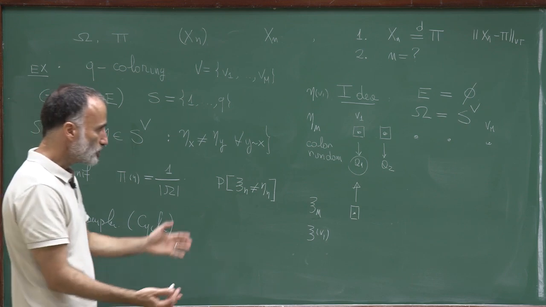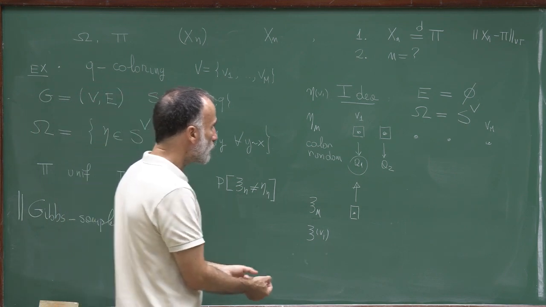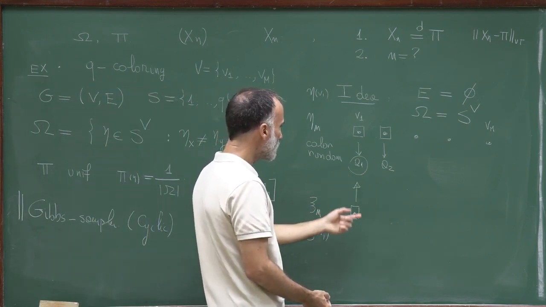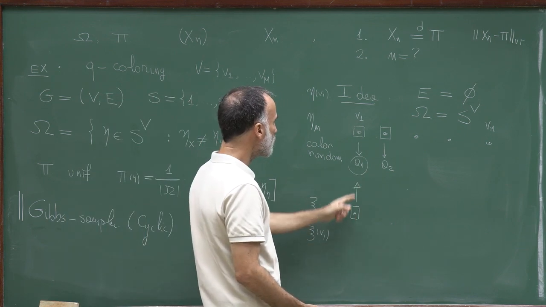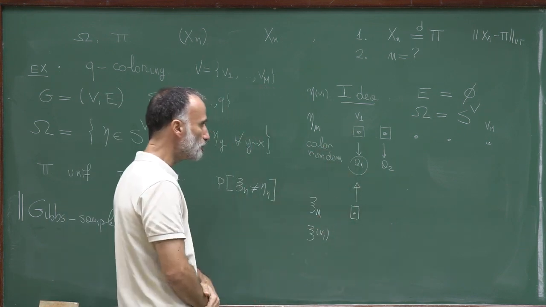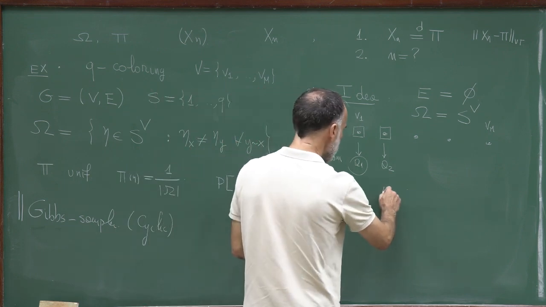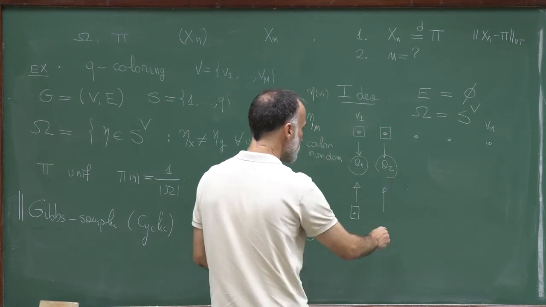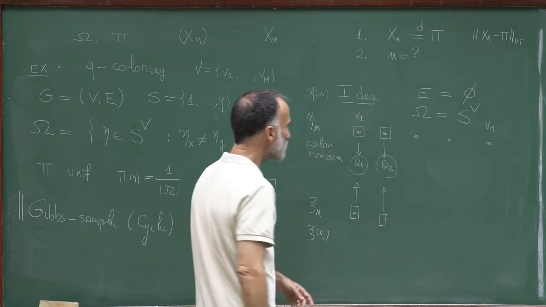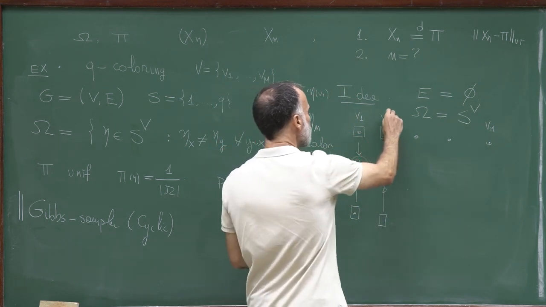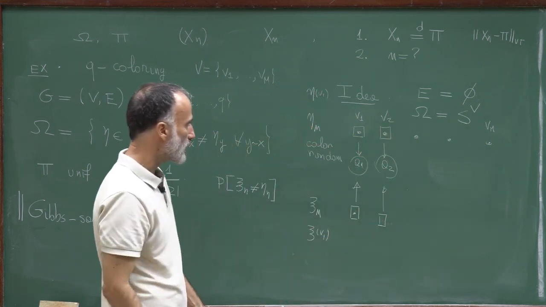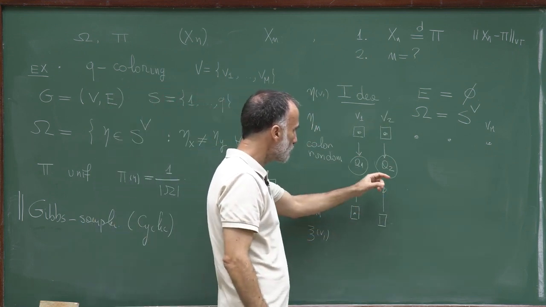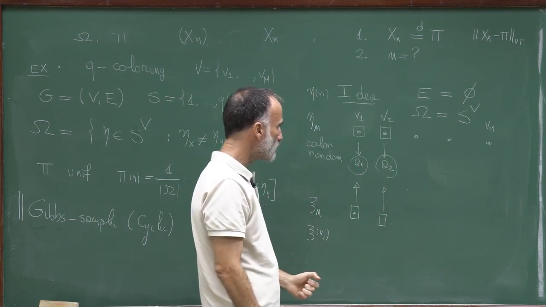But if now I look at the pair, what I see is that after the first step, the color at vertex 1 for both processes is equal. And if I repeat that, if I use the same color at time 2 to update the vertex v2 of eta and the vertex v2 of psi, I see that at time 2, both vertices have the same color.